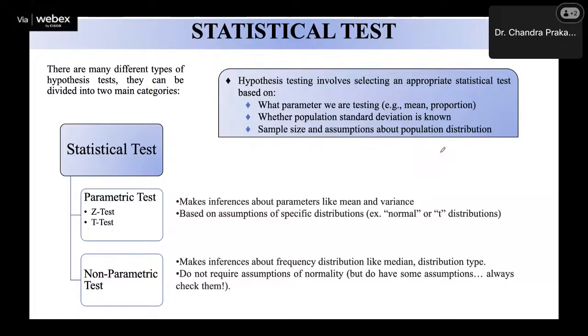We make inference about parameters like mean and variance, based on the assumption of a specific distribution, either a normal distribution or a t distribution. We will talk about the t distribution if you are not aware of it. Non-parametric tests, as we discussed, make inference about the frequency distribution, like median or distribution type.